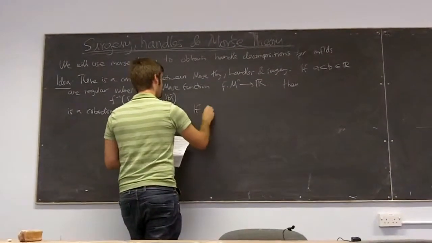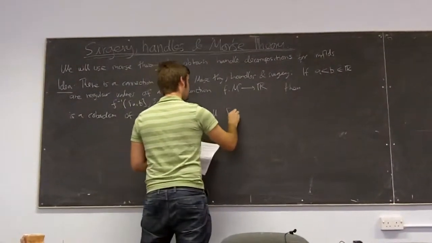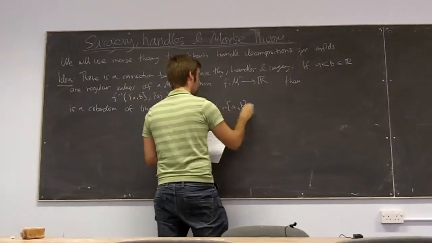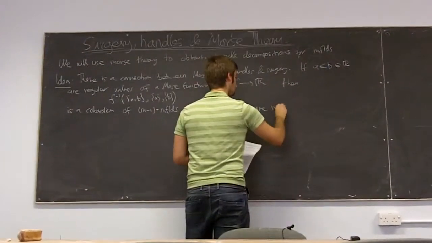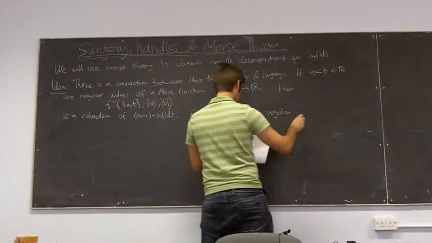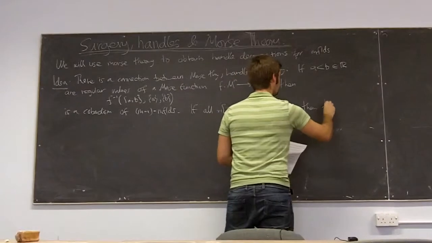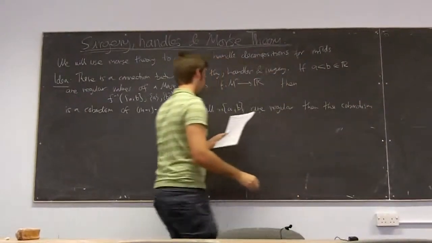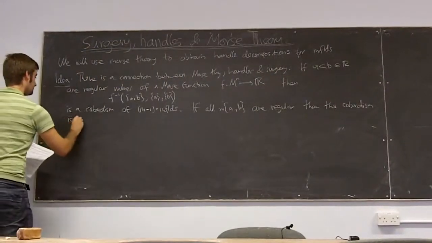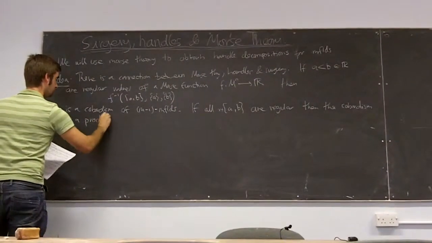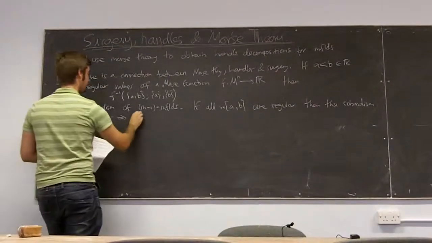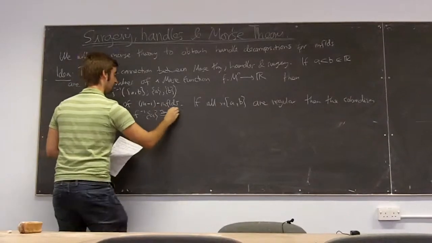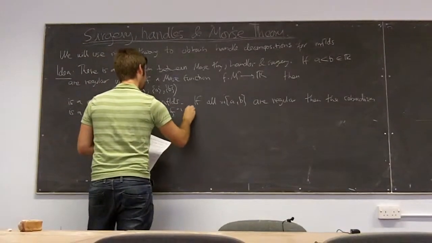In particular, if all the points in [a, b] are regular, then the cobordism is a product, so we deduce that the manifold f inverse of a is diffeomorphic to f inverse of b.